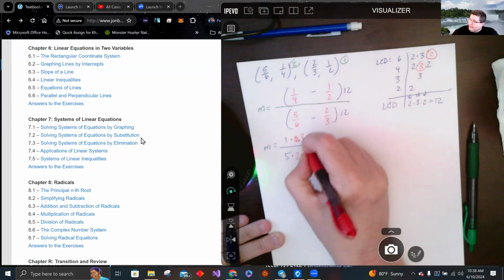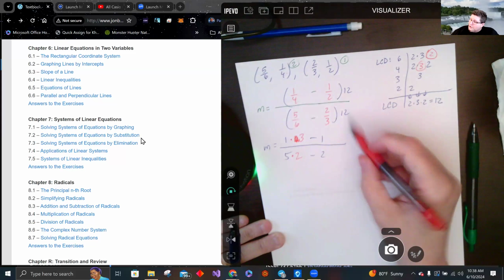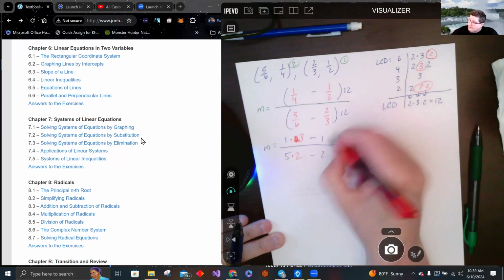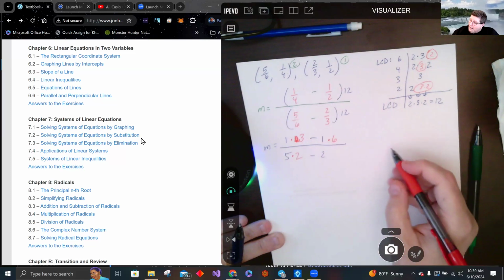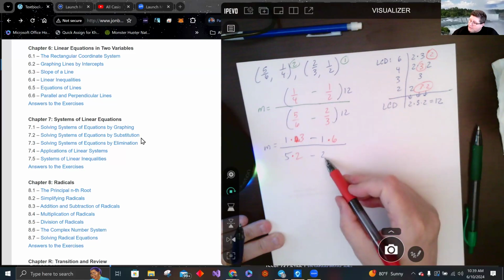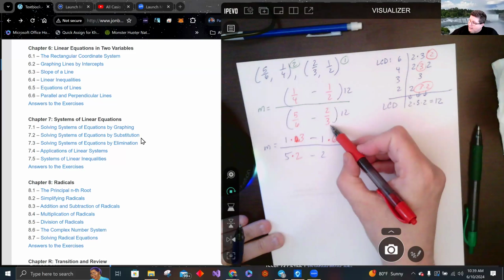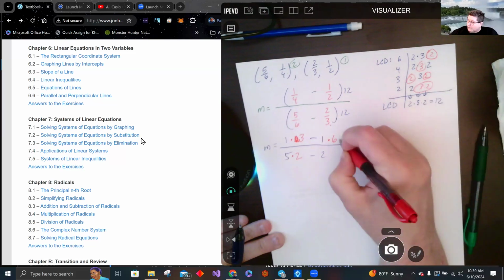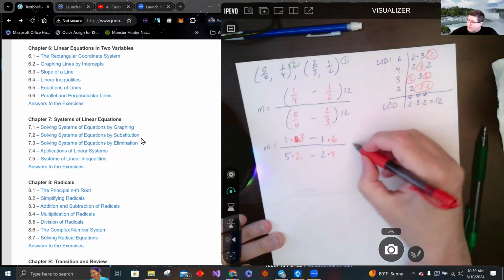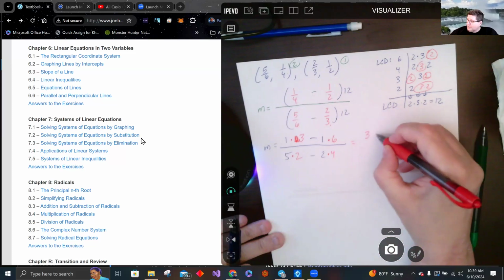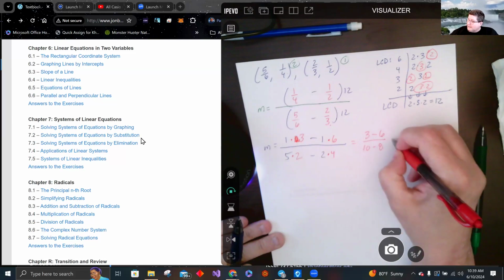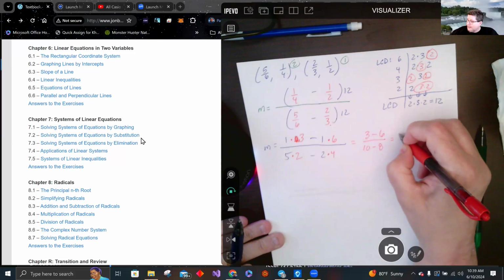So I'll put the 3 there. The 2 is missing. 3 times 2 is 6. And this one had a denominator of 3. The denominator 3 is missing 2 times 2, which is 4. So 1 times 3 is 3, minus 1 times 6 is 6. 5 times 2 is 10, minus 2 times 4 is 8. This is negative 3 over 2.